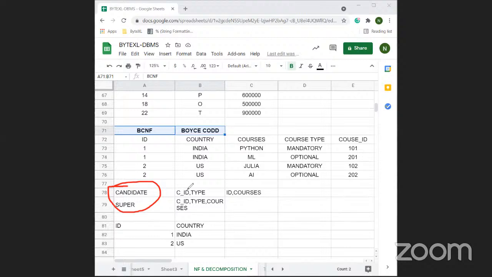For example, if I give you course ID and course type, we can get the details. Or if I give you ID and courses, you can again get me the details of a particular person. They are called candidate keys. The union of all these is called super keys. That means from super keys, you can pick any combination and you will get the unique details of the table. That is the idea here.